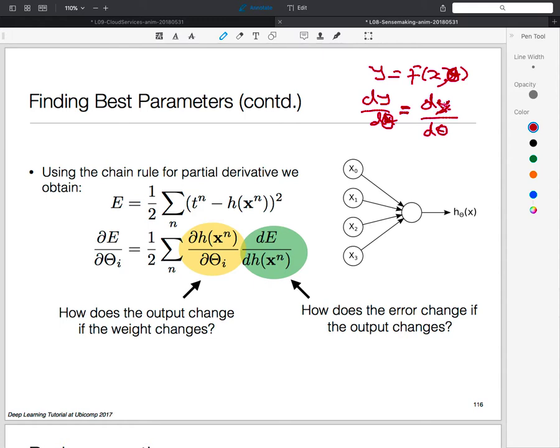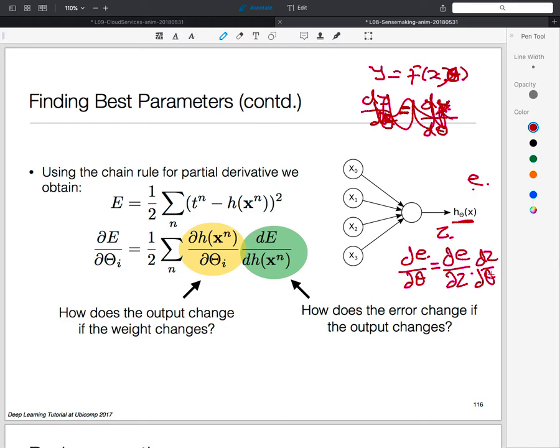Actually, let's take it back. I have an error function, and let's call this output z. So the error is calculated from z; error is a function of z. So dE over d theta is what we are after. We are going to calculate dE over dz times dz over d theta. So it's always the derivative of the error with respect to some parameter that we are after.